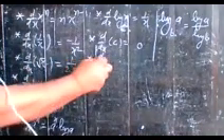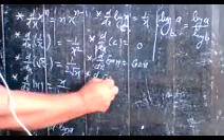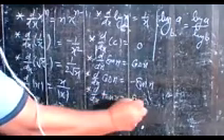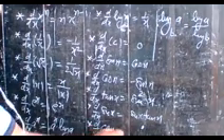Now for trigonometric functions, you know d by dx of sin x is equal to cos x, and d by dx of cos x is equal to minus sin x. d by dx of tan x is equal to sec square x. d by dx of sec x is equal to sec x tan x, and d by dx of cot x is equal to minus cosec square x, and d by dx of cosec x is equal to minus cosec x cot x.